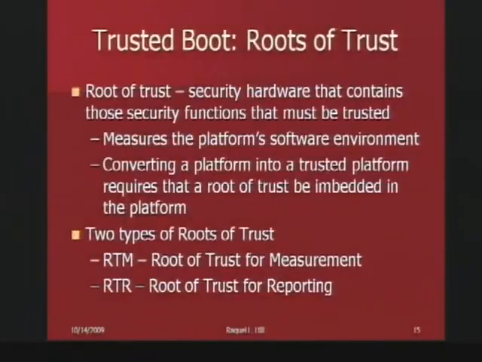So we talked about the TPM being like your root of trust and your foundation of trust. So there are two types of roots of trust within the trusted computing area. One is the root of trust for measurement, and there's a root of trust for reporting. What you will want is for both of those to be embedded within the TPM. Your root of trust for measurement becomes like your BIOS, because it's initiating the measurement.